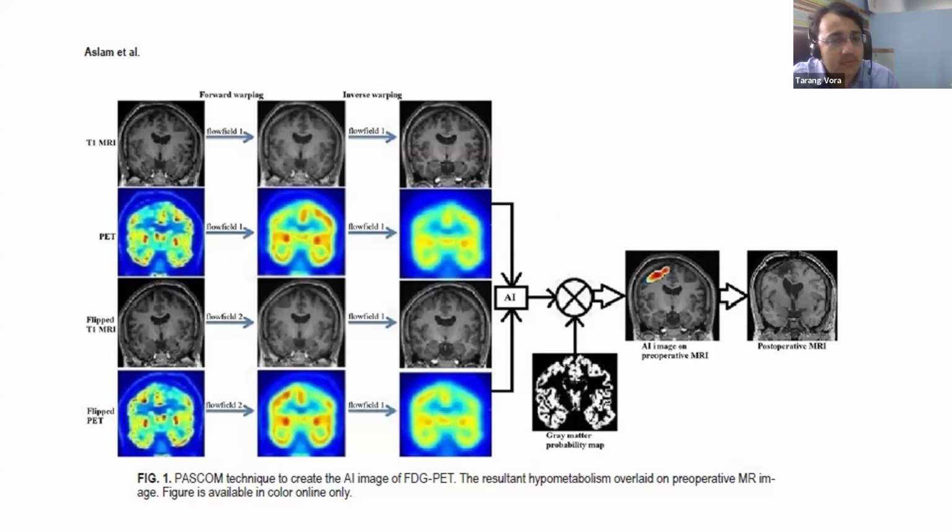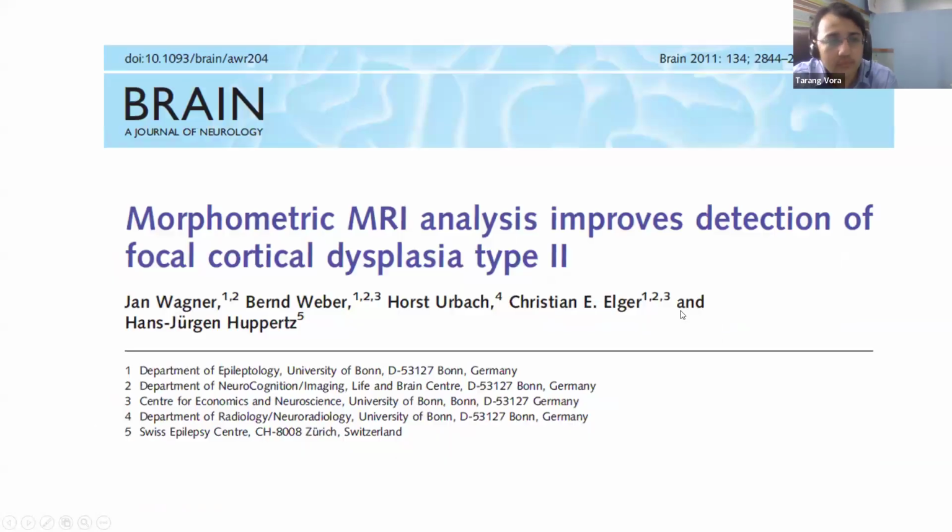The same areas subtract each other, whereas the area where there is an asymmetry between the two hemispheres will start to light up. So the subtracted image will show only the metabolism pattern, either hypometabolism or hypermetabolism, that is abnormal compared to the contralateral hemisphere.